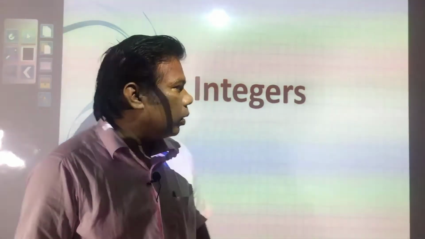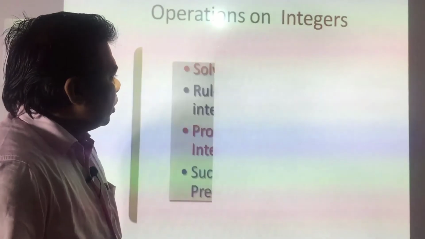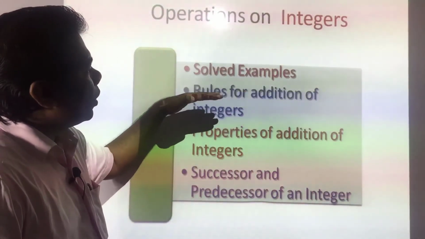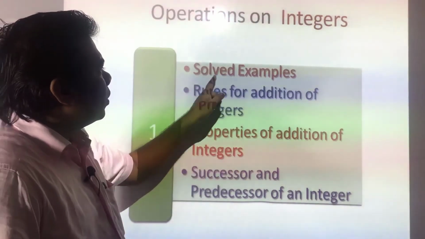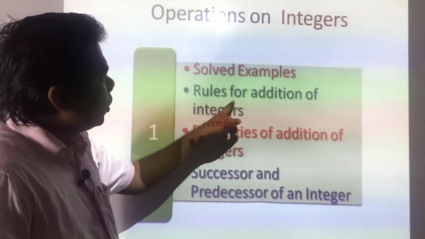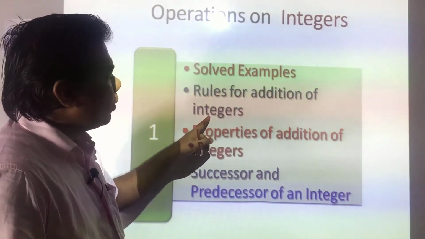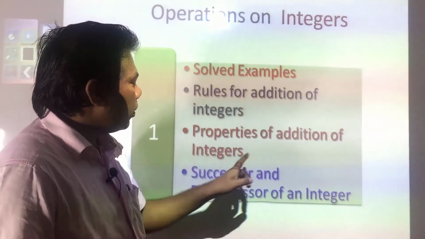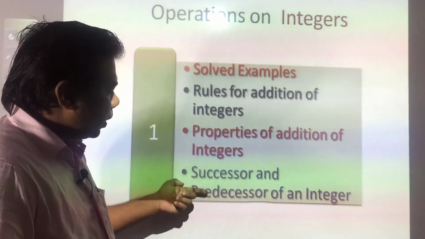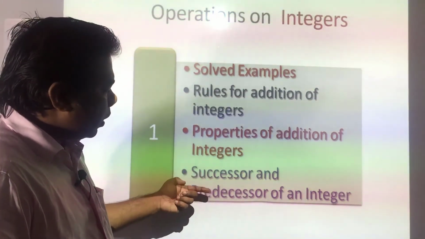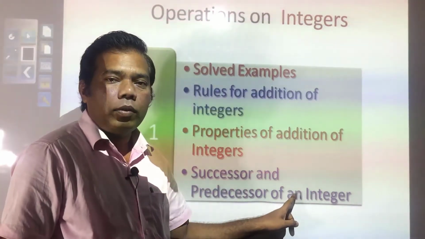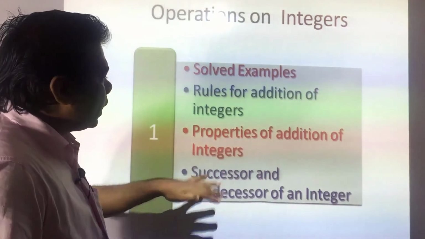Today we are going to see a few solved examples, the rules for addition of integers, the properties of addition of integers, and the successor and predecessor of an integer. This topic is not new for you, you have already learned it before. So, let us start.